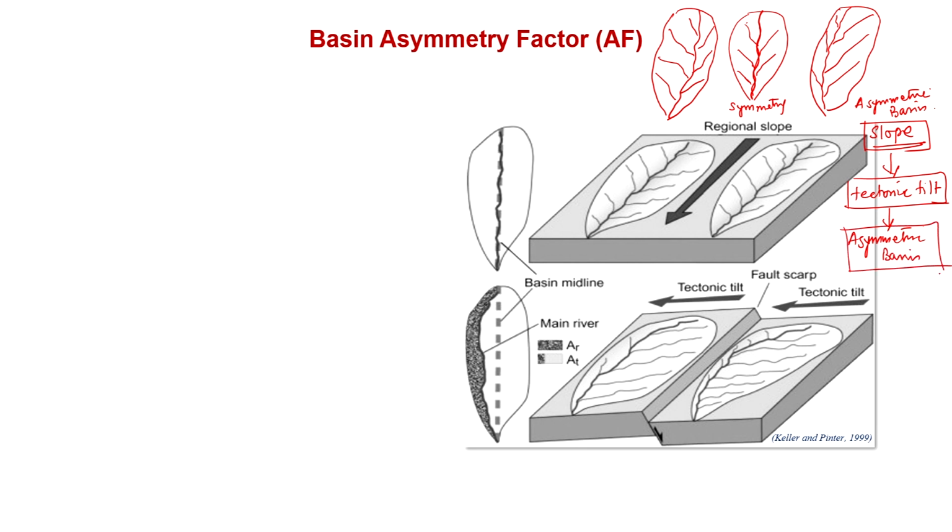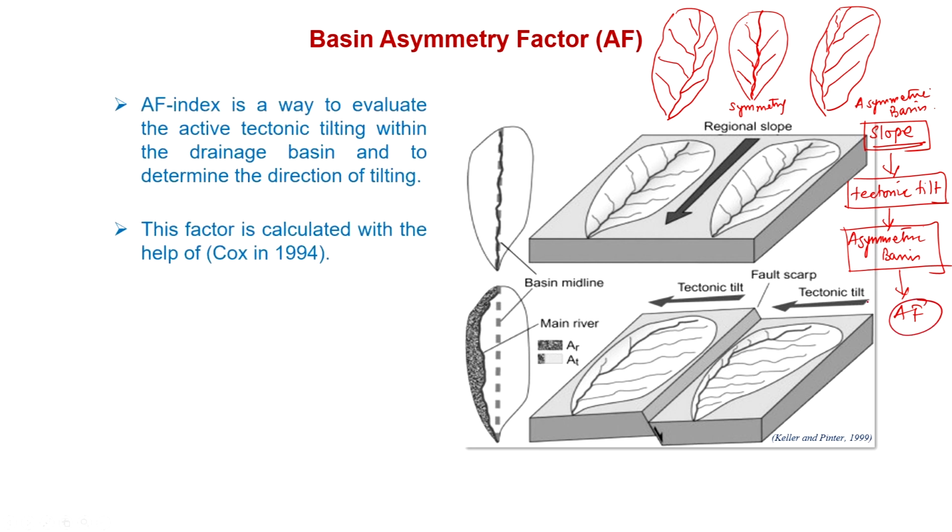So, you can find out the AF, that is the basin asymmetry factor, and that can tell you whether the area has undergone deformation or not. Okay. So, this is how it is calculated, simple.